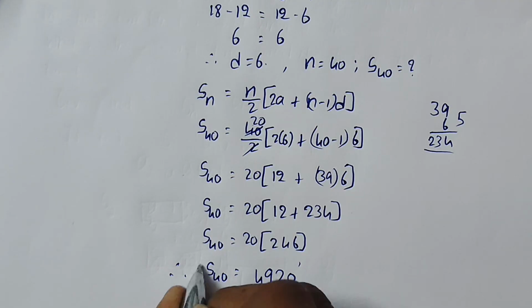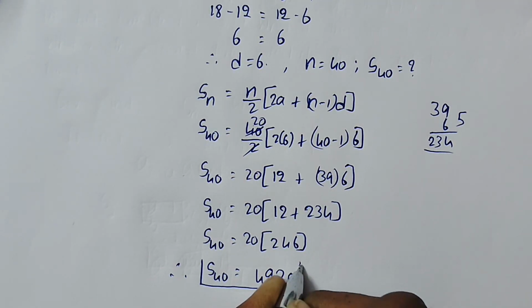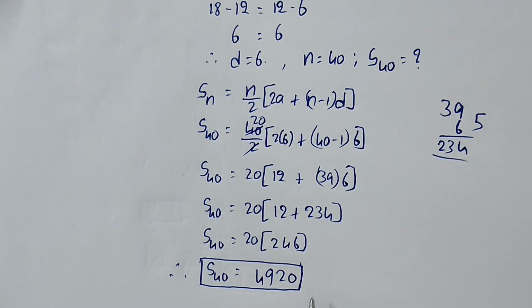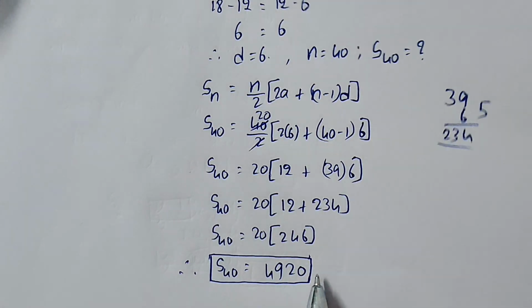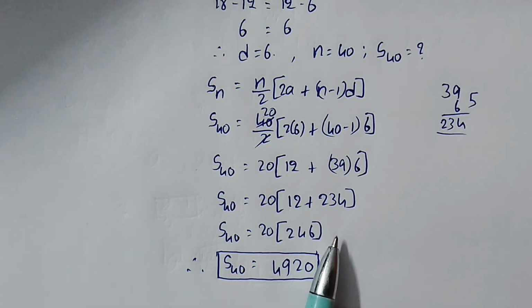So therefore the sum of the first 40 positive integers which are divisible by 6 is equal to 4920.